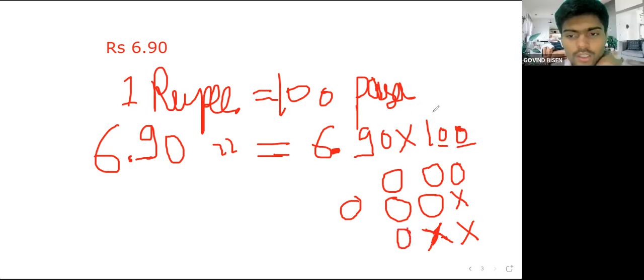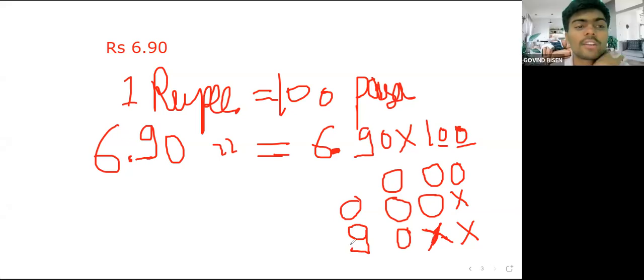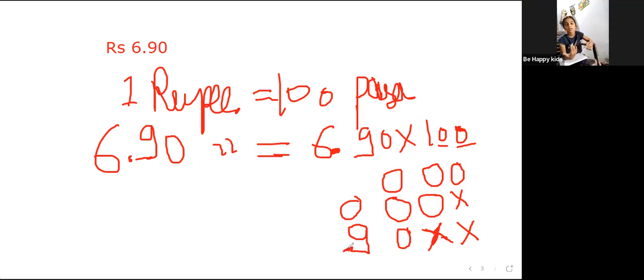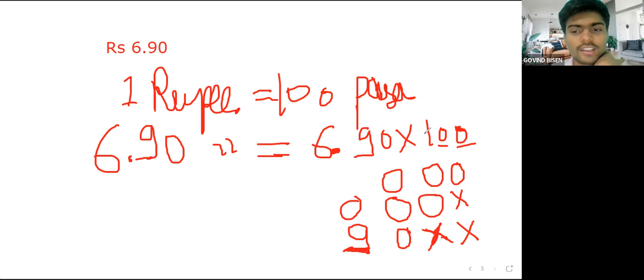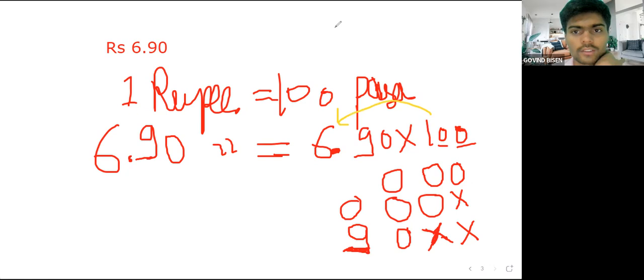And then 1 multiplied with 9. 9 ones are 9. And then 1 multiplied by 6 is 6.